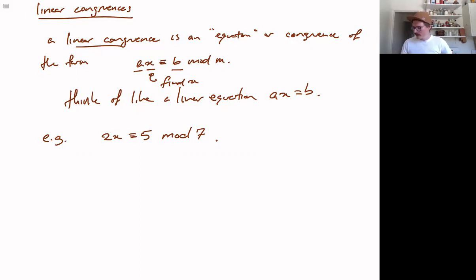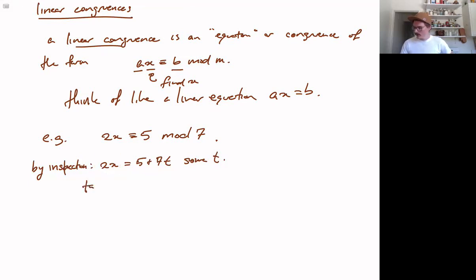So we're saying 2x is equal to 5 plus 7t for some t. Let's call this by inspection. Essentially we're just asking, when is this going to be an even number, right? 2 times something.